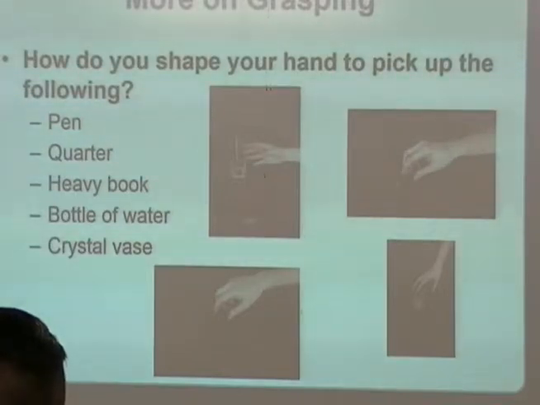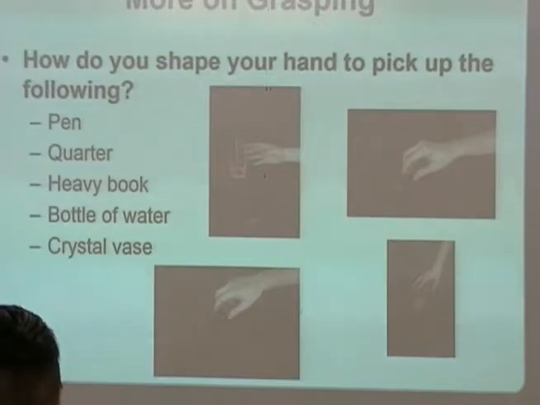So, as adults then, we configure, we shape our hand before our hand gets to the object. Right? Infants, particularly if they're younger than 8 months, tend to reach and touch and then shape their hand in an appropriate way for the object.